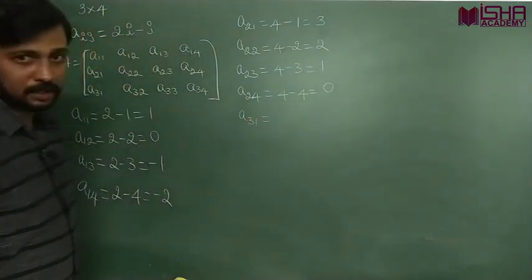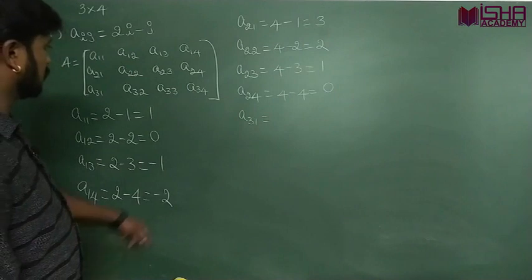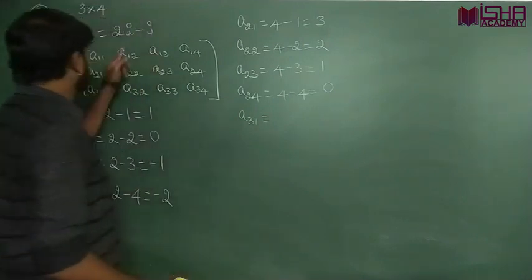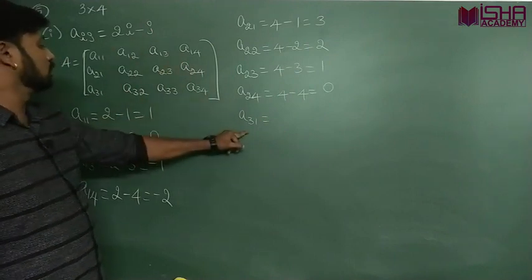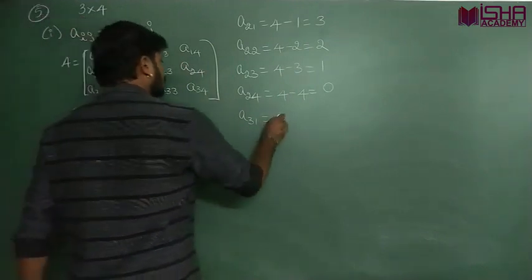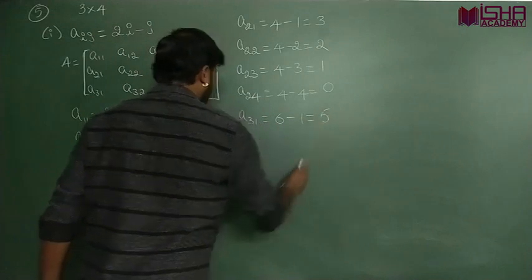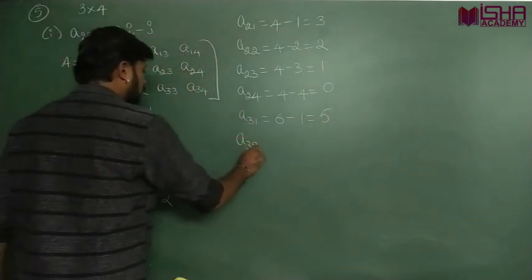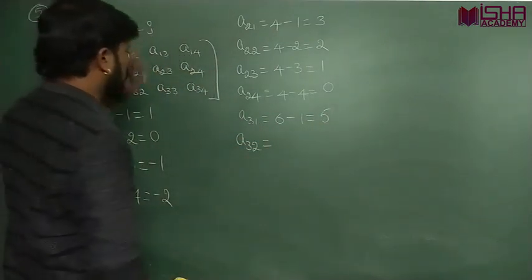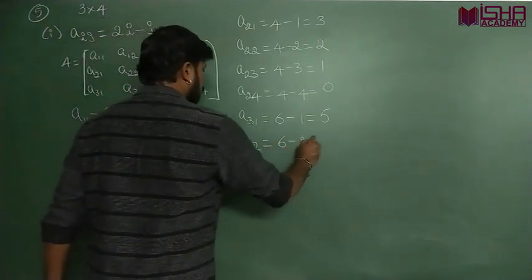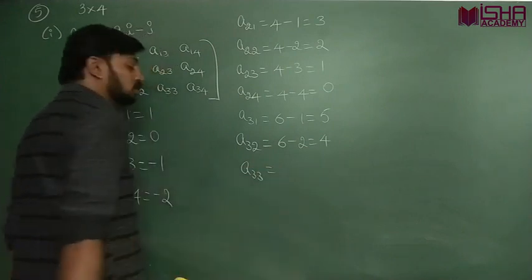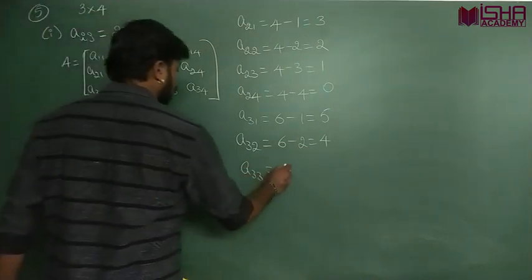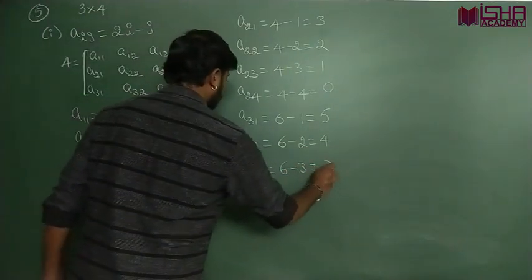Next, let's come to the third row. What will A31 be? Put i equals 3 and j equals 1. 2 into 3 is 6, minus 1 is 5. Next, A32: 6 minus 2 is 4. Next, A33: 6 minus 3 is 3.